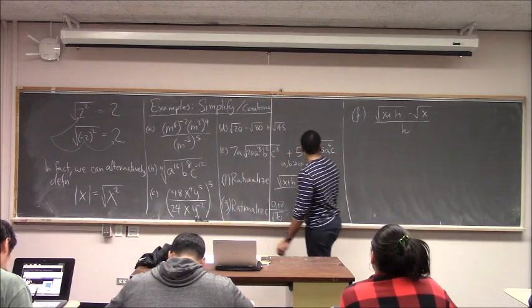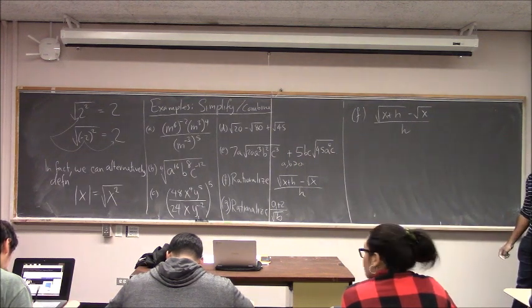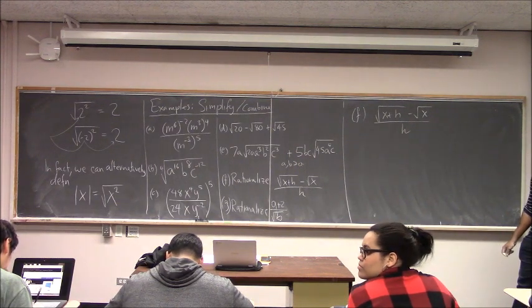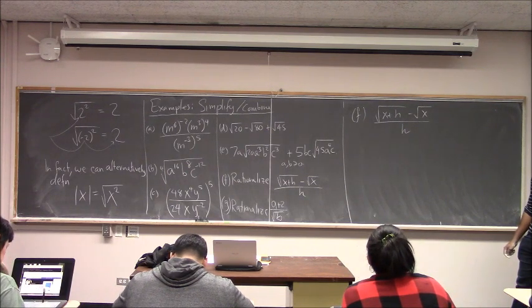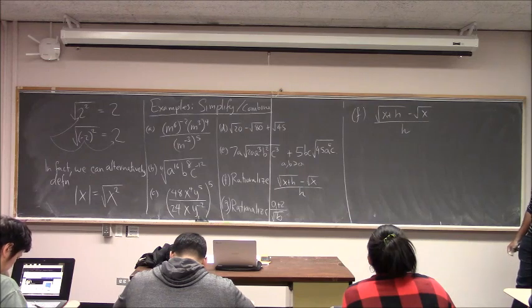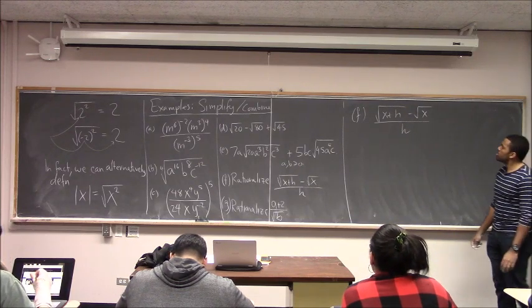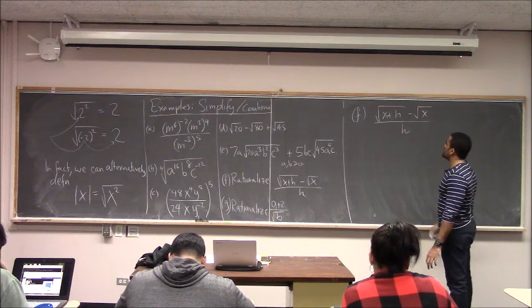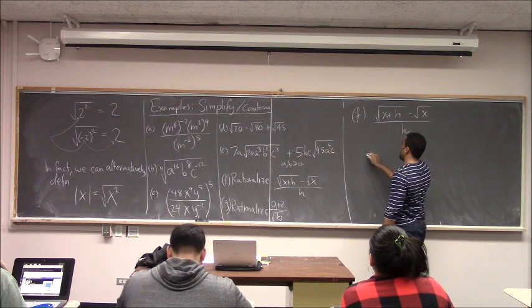Rationalizing the numerator, and how? I multiplied h from the top term, radical x plus h minus radical x, in parentheses. What do you mean multiply h from the top term? I don't understand. What did you write down after that?